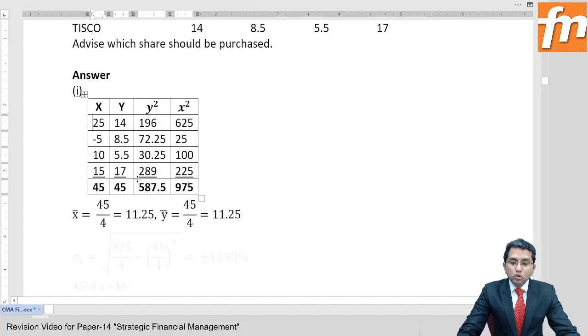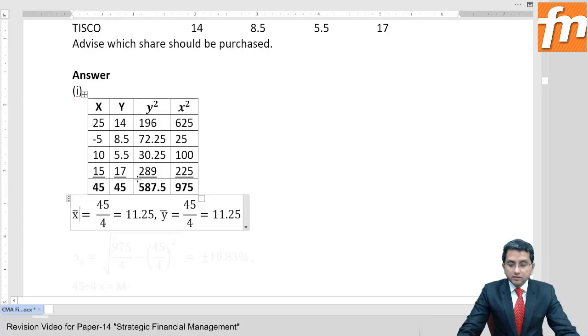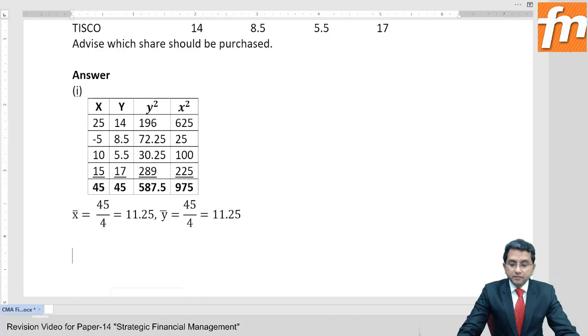If you want to make this square calculation, just observe this carefully. Suppose you want to make summation of X square. So what should you do? You should type 25 in your calculator and press into n equal to. This will make 25 square. Or rather than pressing equal to, you can press M plus. Different calculators function in different manners. If 25 into M plus appears as 625 on the screen, that's fantastic.